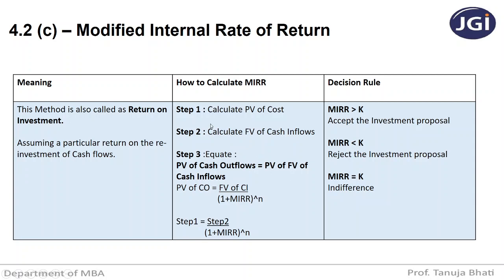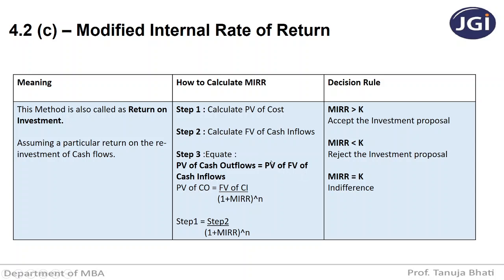So to make them comparable, we have to bring step number 2 to its present value. Is this clear? Step number 1, calculate the present value of the cash outflows. Step number 2, calculate the future value of cash inflows, and then to bring both to the same basis, we have to convert the future value of cash inflows to its present value. So step number 3 is to bring this in the form of an equation, that is, present value of cash outflows is equal to the present value of the future value of cash inflows.